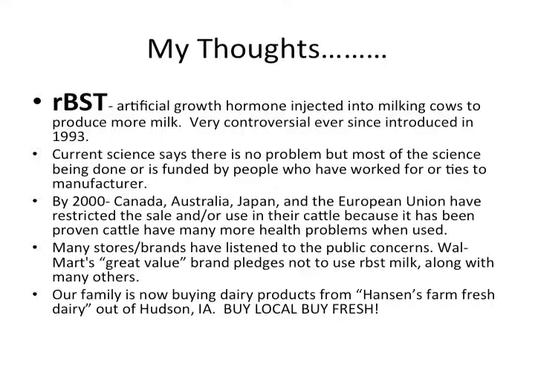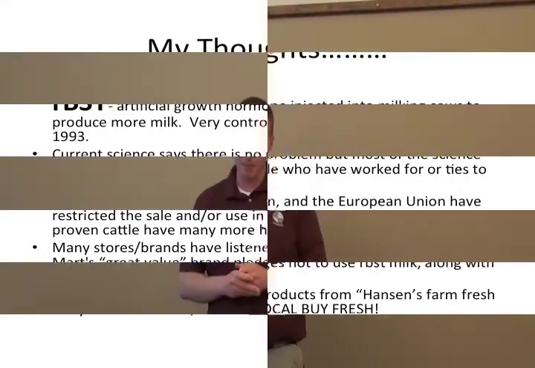The milk that I buy, which is from Hanson's Farm Fresh Dairy out of Hudson, Iowa, says on there, produced by non-injected cows, pretty much. And then it also has a little asterisk that says the FDA has not found any difference between the two milks.